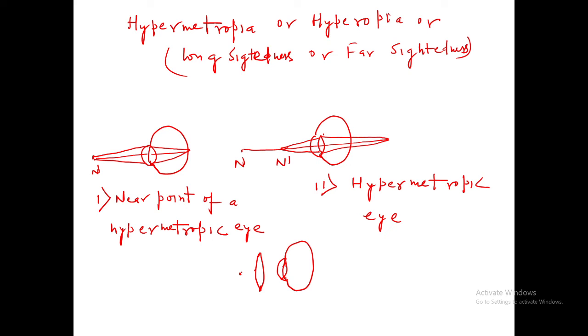So this is the case. Okay. So this is the retina, and this is N and this is N.S. So third is correction for the hypermetropic eye.